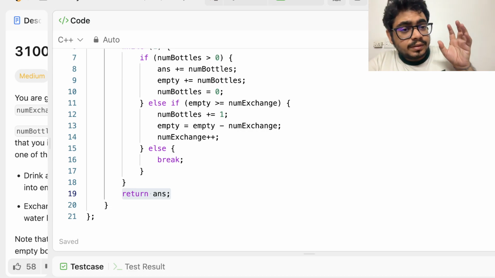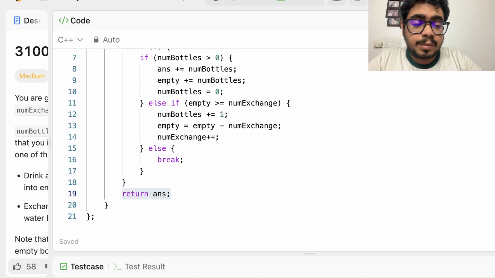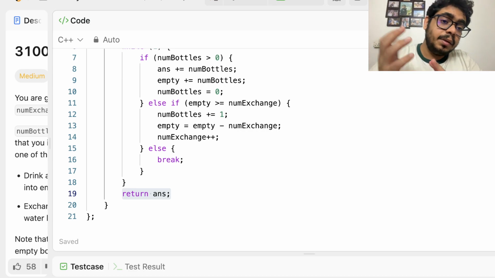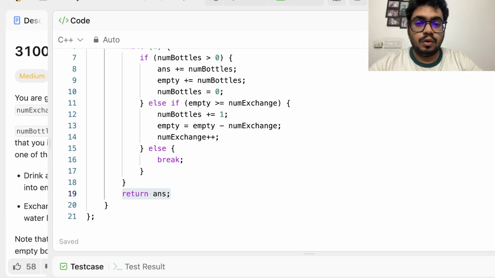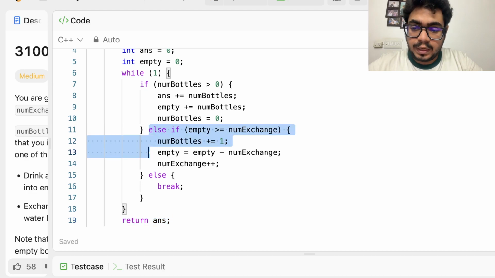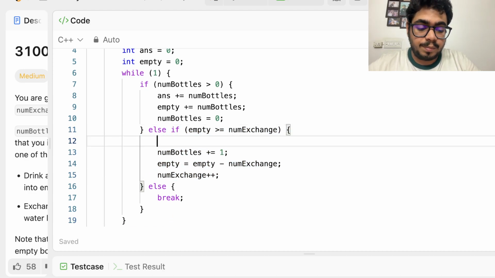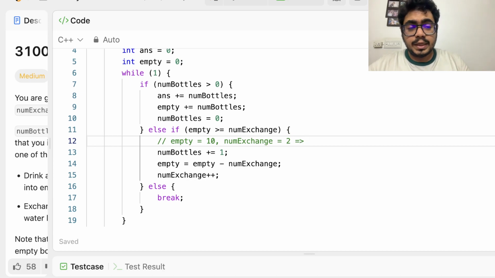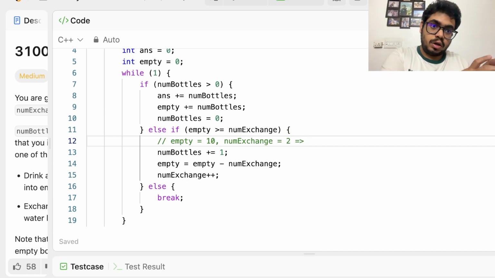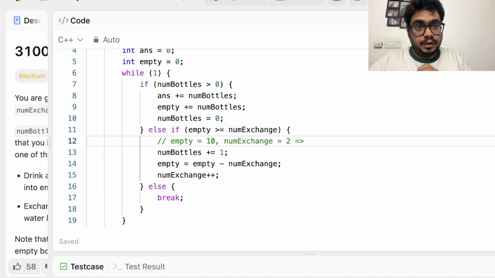Some of the people, what they were doing in this particular question is using modulo, right? So let's say the number of empty bottles was 10 and num exchange was, let's say, 2 right now. They said that, okay, I'll give all the 10 bottles and get 5 full bottles in return, right?